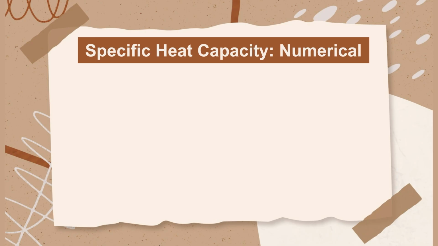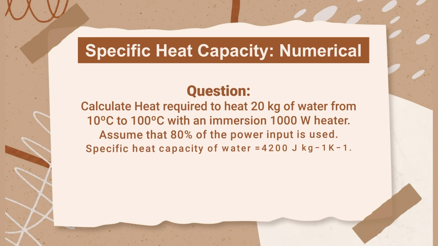Let us do one numerical on the same thing. Suppose you have 20 kg of water and you want to heat this water from 10 degrees to 100 degrees, and you have an immersion heater, an immersion rod, of 1000 watt.